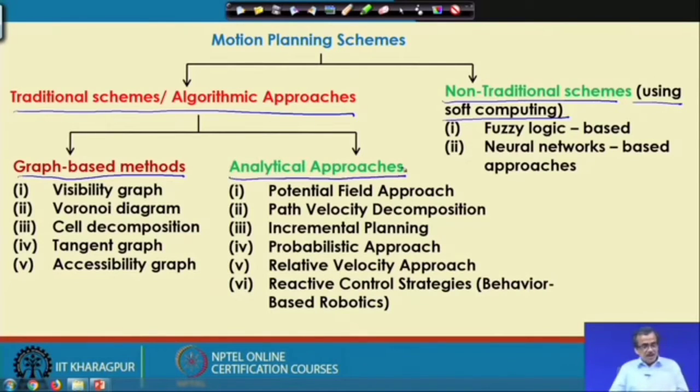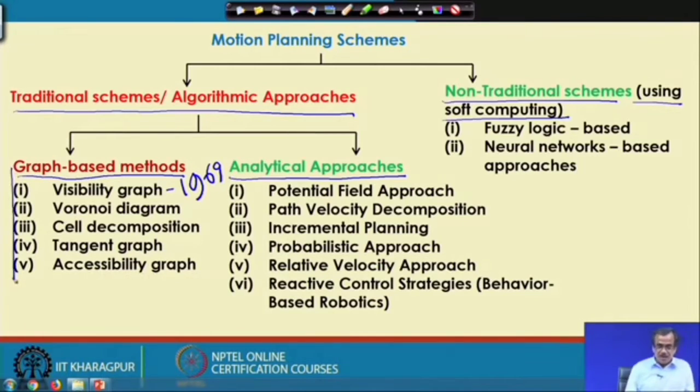Now, if you compare the graph based methods and the analytical approaches, the graph based method was proposed first. For example, the visibility graph was proposed first in the year 1969 by Nilsson. Then we have got the Voronoi diagram, cell decomposition, tangent graph, accessibility graph. So, these are all graph based methods.